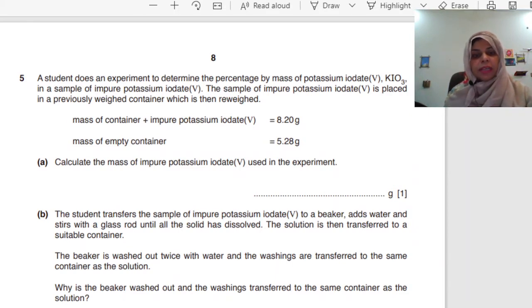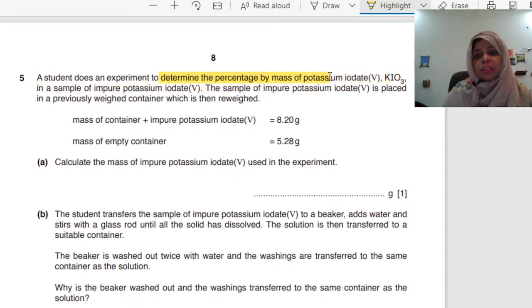A student does an experiment to determine the percentage by mass of potassium iodide. Basically, what we have to determine in this question is the percentage by mass of potassium iodide, KIO3.